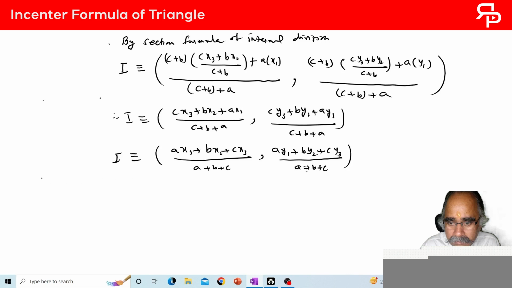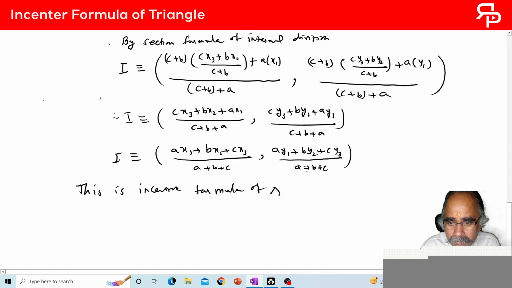This is known as the incenter formula of triangle ABC.